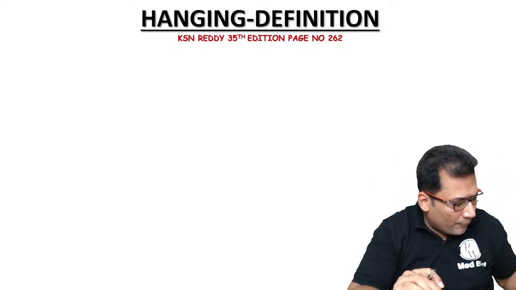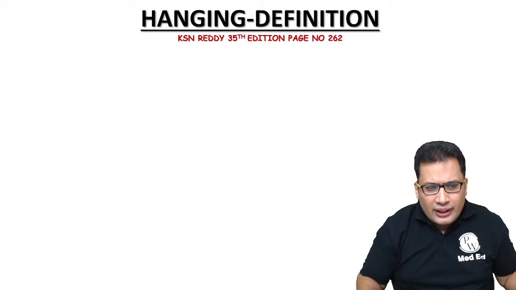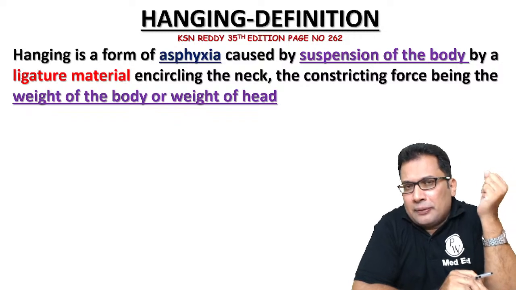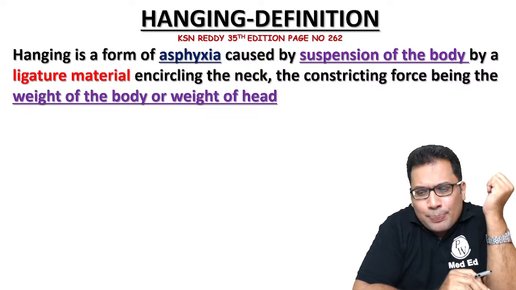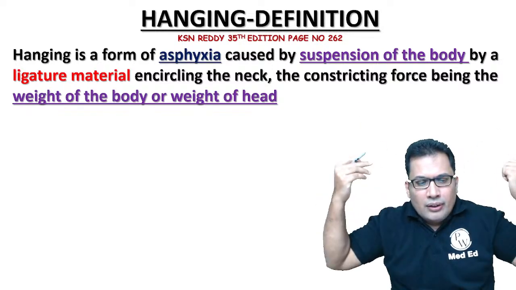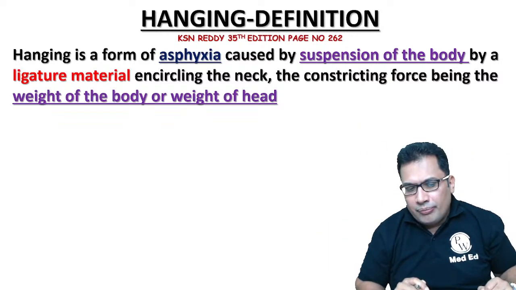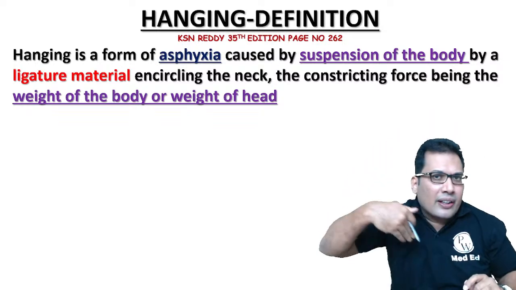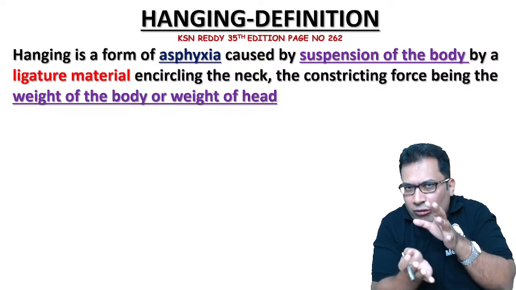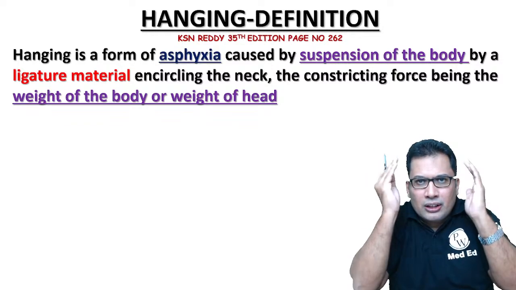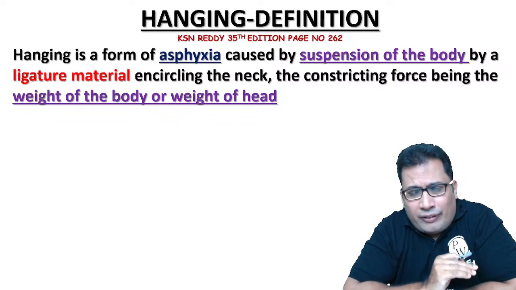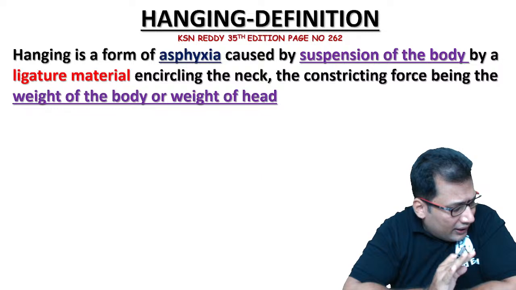Hanging is defined as a form of asphyxia caused by suspension of the body by a ligature material encircling the neck, the constricting force being either the weight of the body or the weight of the head. This is the standard definition of hanging.